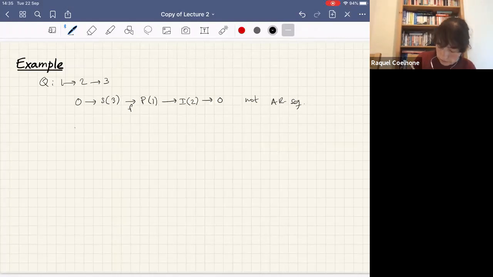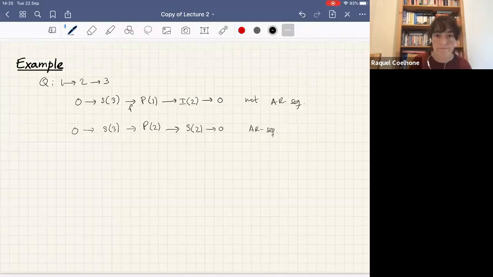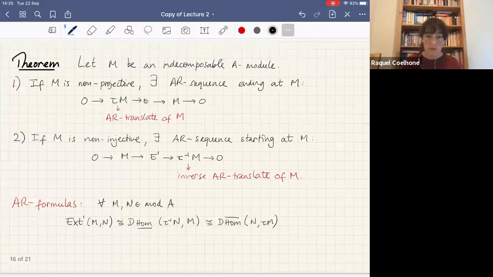But you can see that this is an Auslander-Reiten sequence. We'll see more of this when we actually build the Auslander-Reiten quiver of some of the quivers.